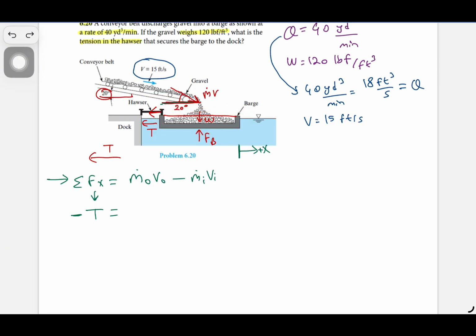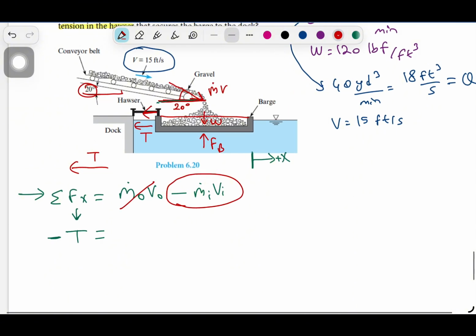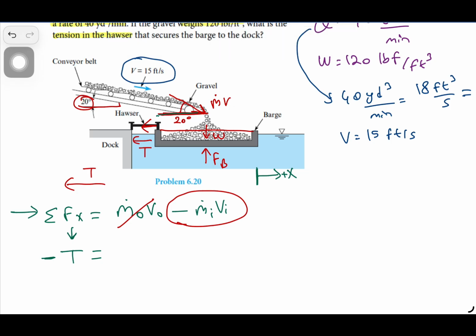We are dealing with this bunch. So we have in, which is a momentum rate coming into this barge, but we don't have any outflow. So again, we can remove the out part. We only deal with in part. It can confuse about here.